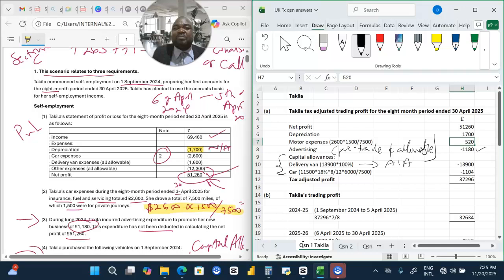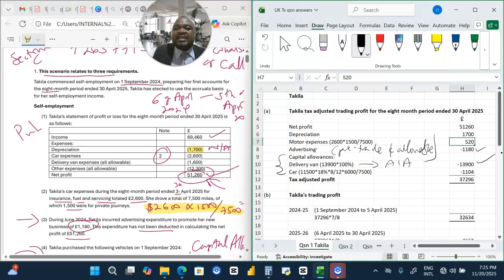So here it's 8 months, 8 over 12 multiplied by 1 million. It's around 660 thousand. So which means the 13,900 could be taken in full, the 100% of it.